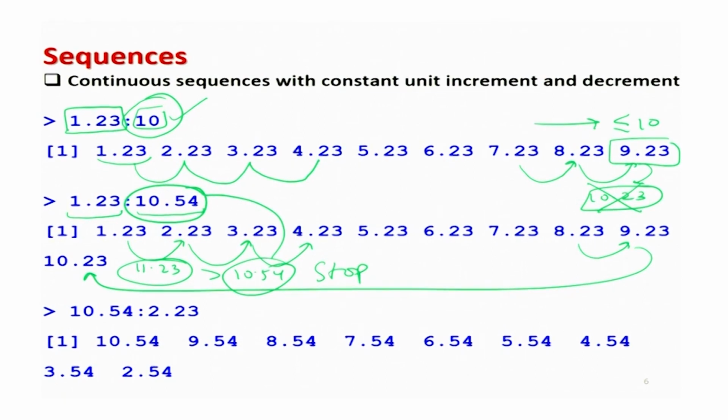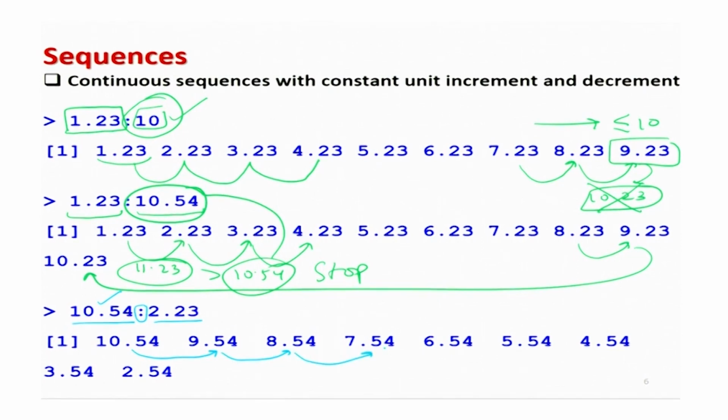Similarly, if you take one more example where the starting point is greater than the ending point, I try to create a sequence like 10.54 colon 2.23. So now what will happen? The sequence will begin at 10.54, then 9.54, 8.54, and so on.